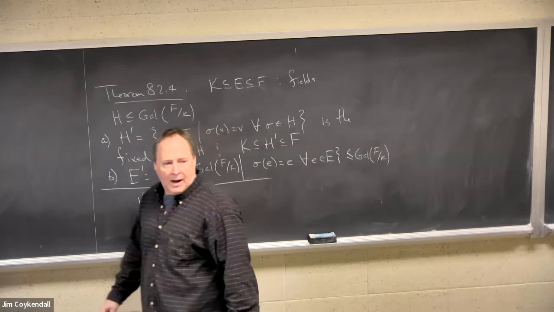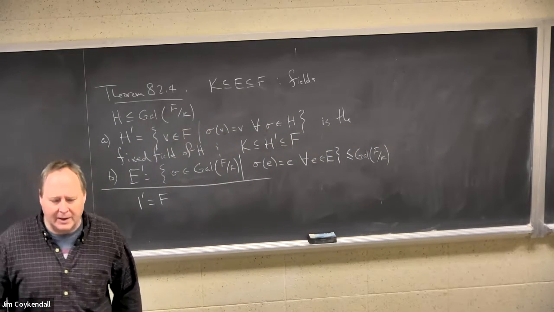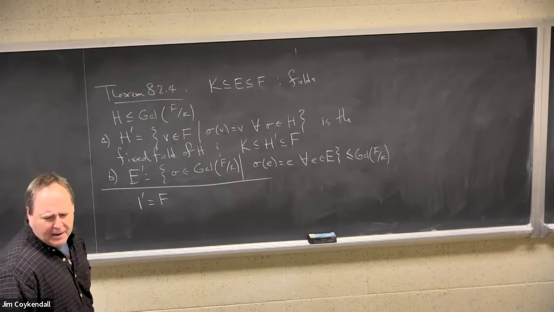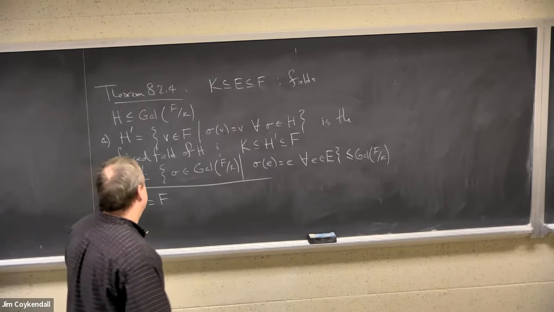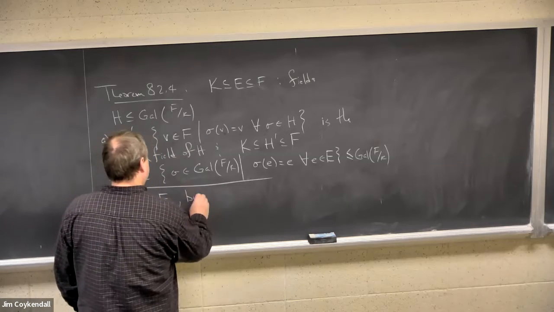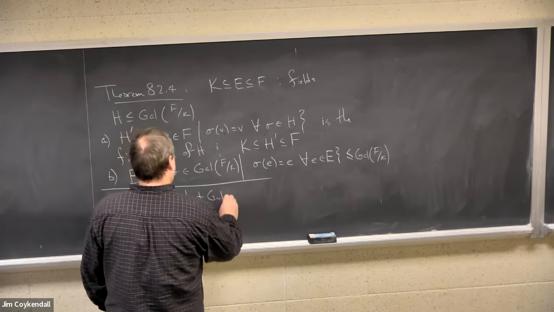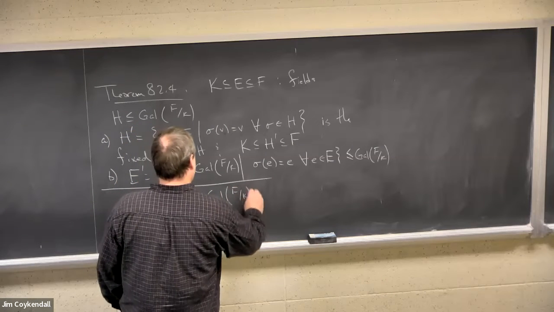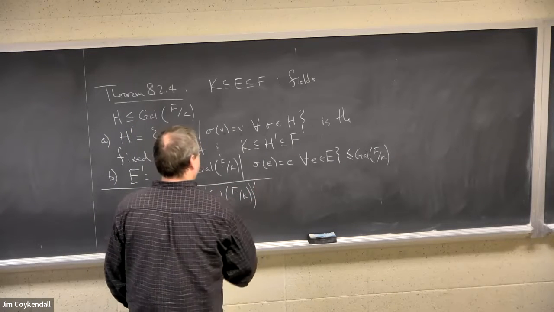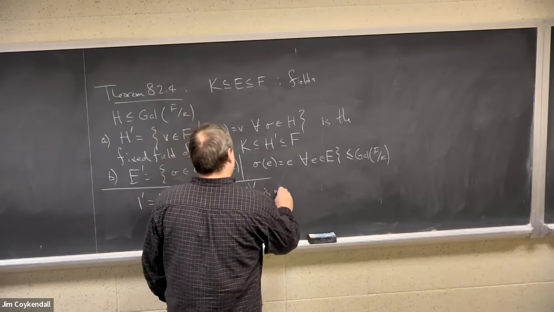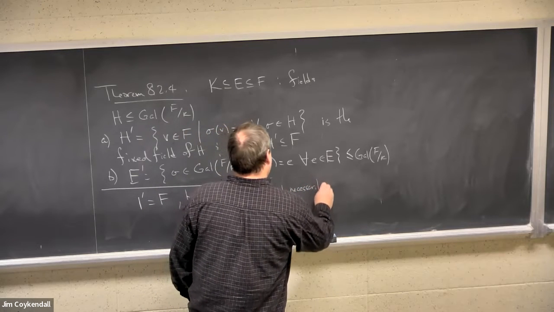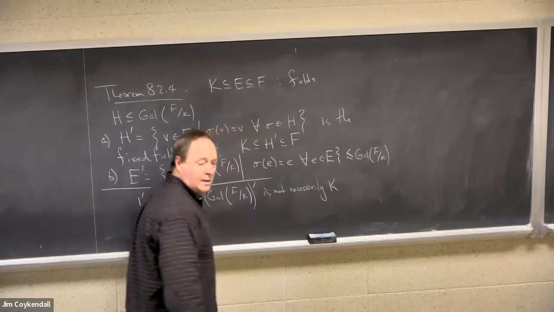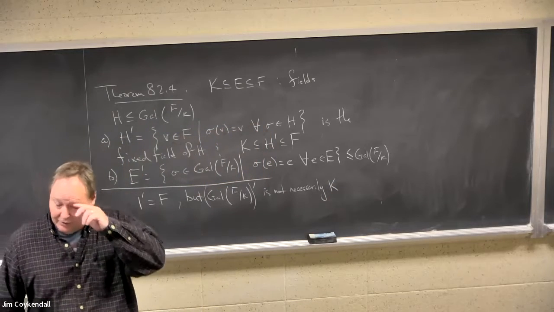So obviously the identity automorphism fixes everything in F, no problem there. But the other extreme doesn't always work. Notice that that is not necessarily K.